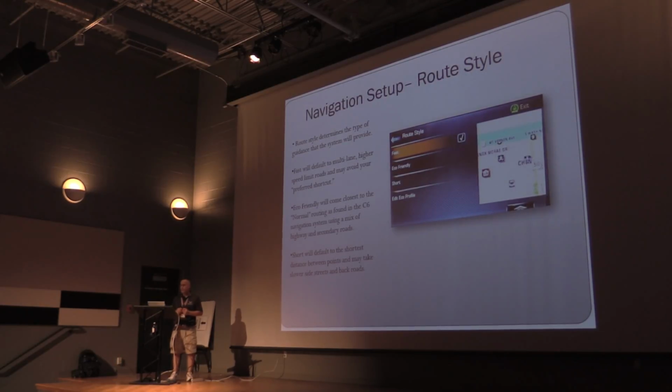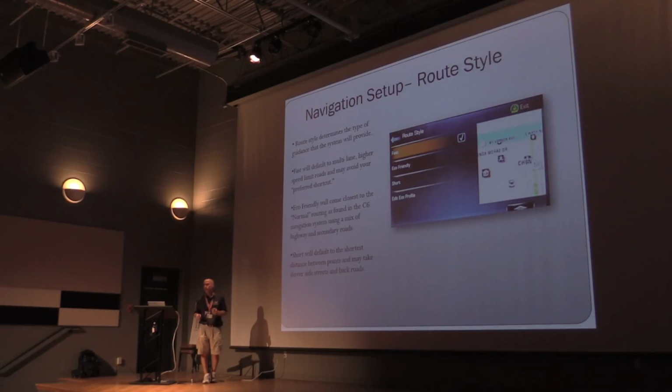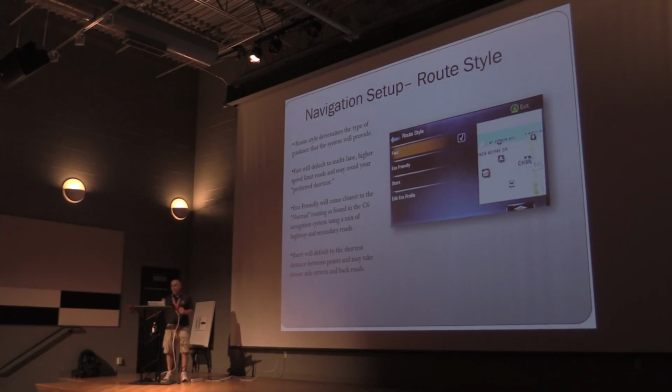So the tip for eco-friendly is disregard the eco-profile. I'd appreciate it if you wouldn't even go into it because it's going to ask you if you have a roof rack on the car or not. I think we all know the answer to that. However, eco-friendly profile is actually a pretty good combination driving profile, and I suspect that you'll find it's going to take you on most of the shortcuts that you know to get someplace.